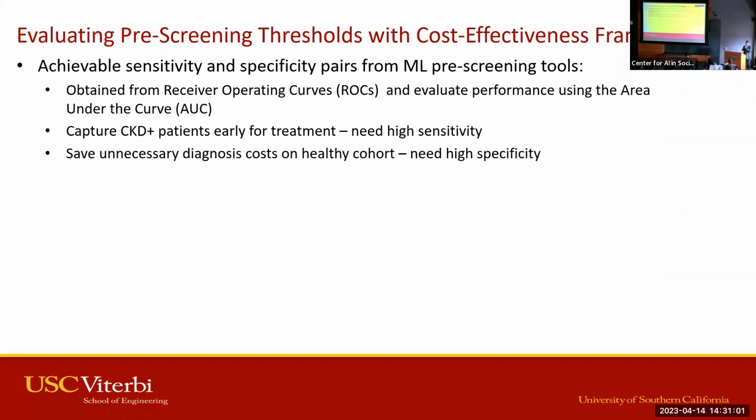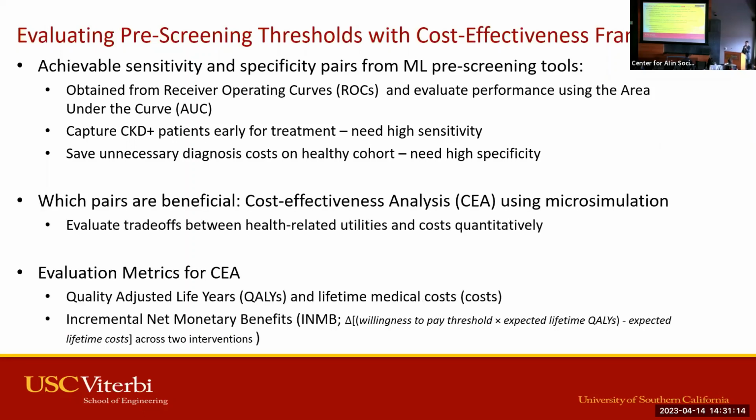And also we want to save the unnecessary costs, for which we need high specificity. However, this might be unrealistic to achieve like 100% sensitivity and specificity. So we need to find which pair will be practical to implement in practice. We will need a cost-effectiveness analysis to evaluate those pairs we achieve from the machine learning tool.